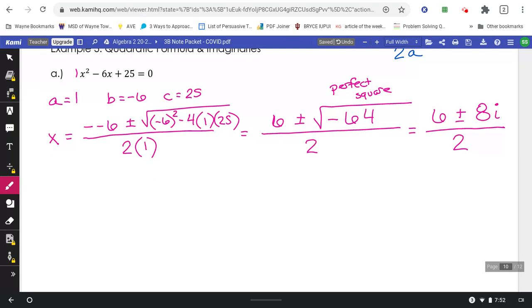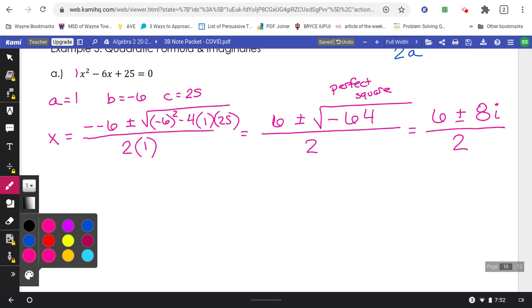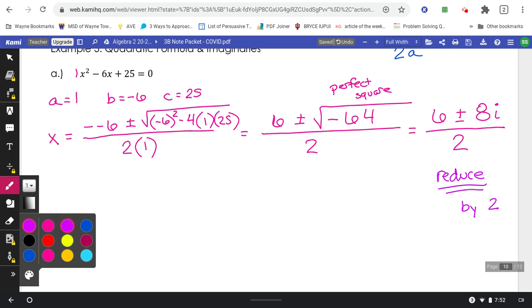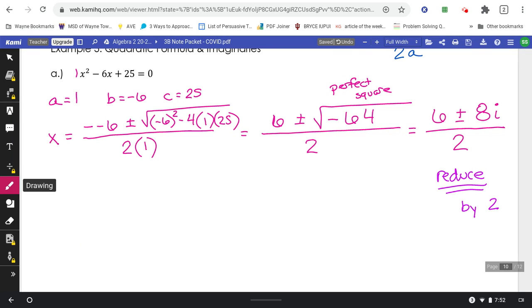There is one thing I notice about that problem, though. I notice that all of these numbers can be divided by 2. So now I want to reduce this. And I want to reduce it by 2. So I'm going to take each of these numbers, 6, 8i, and 2, and I'll divide them all by 2. 6 divided by 2 gets me 3. 8i divided by 2 gets me 4i.